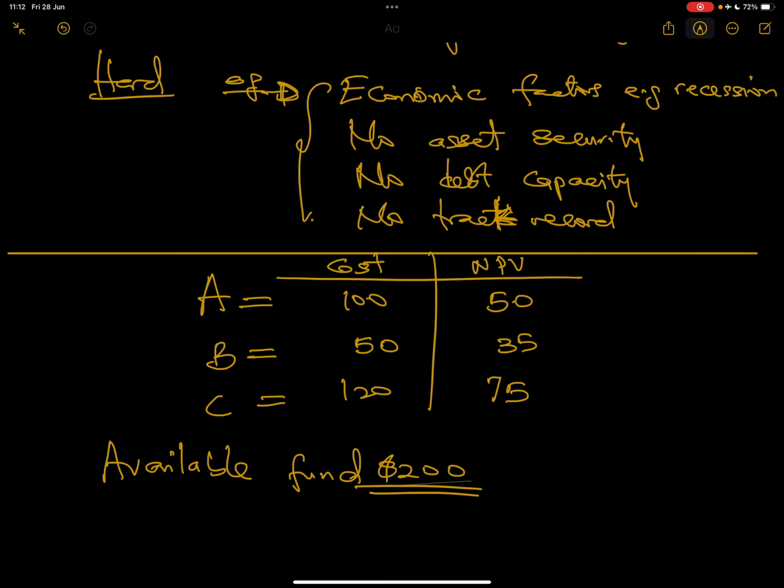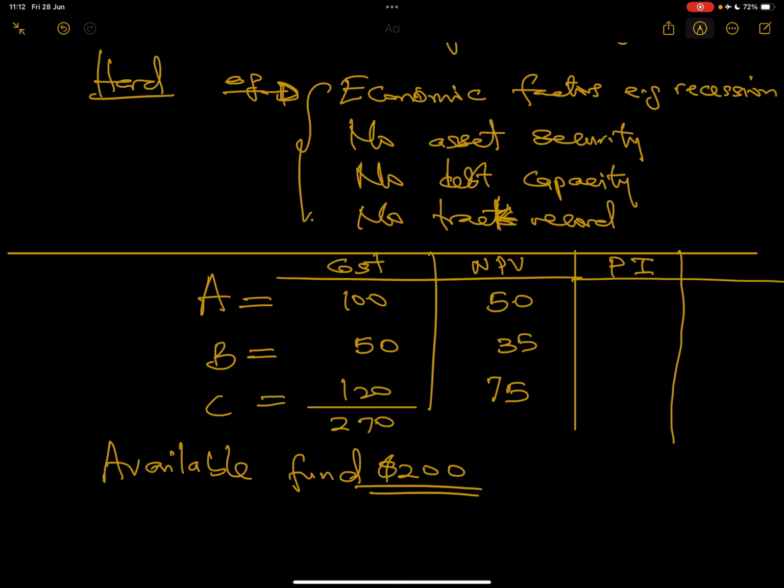So we cannot decide because the total investment available will cost 270, but we only have 200. So which means we can only spend $200. And that is why we now need to go into step 2, which is to calculate the profitability index. So profitability index, like we said, is a net present value you get from every $1 you spend.